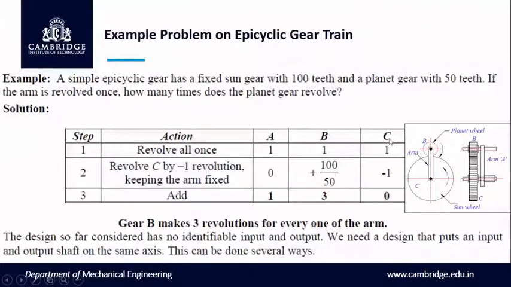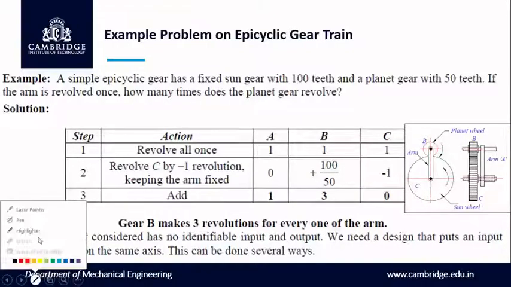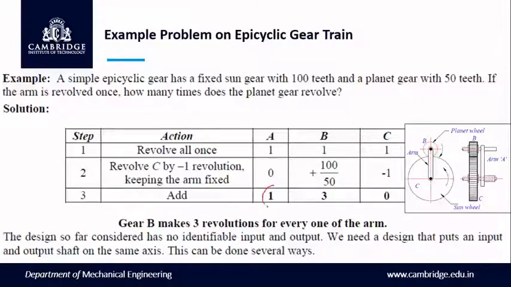Then if we rotate the sun gear in reverse direction, C is equal to -1. Then the teeth ratio, 100 by 50, applies to the planet wheel. Hence, by adding everything, we can observe that for one rotation of the arm, the planet gear rotates 3 times.